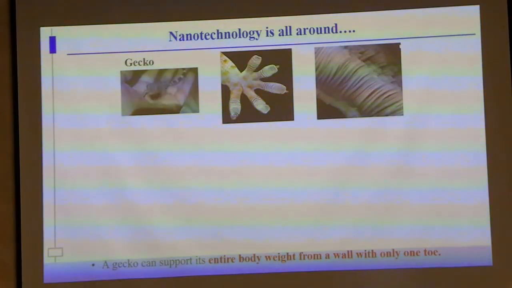The reason is the unique structure of its feet. At nanoscale they have very tiny films or pillars, a plate-like morphology. And when they walk, they can create a kind of vacuum space, so they have an adhesion force between the surface and the wall.